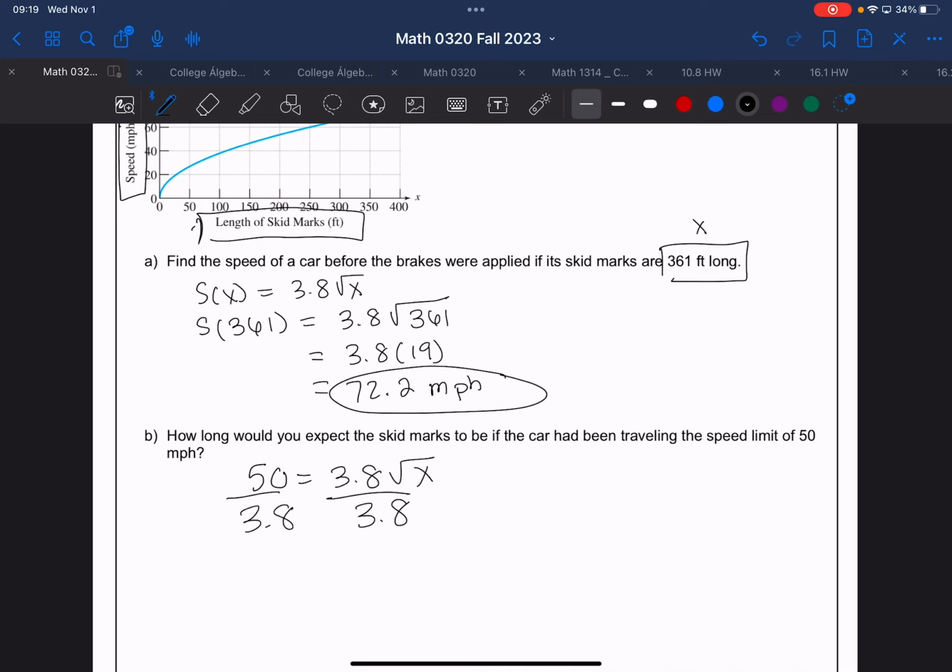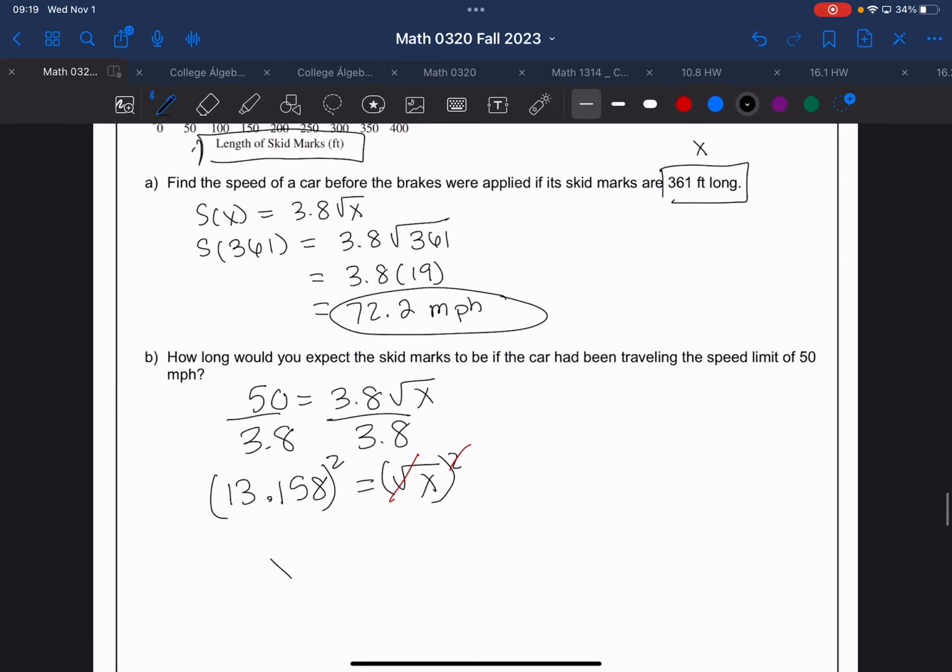And we get 13.158 is equal to the square root of x. And then our last step here would be what? Square both sides. So we'd get x is equal to 173.